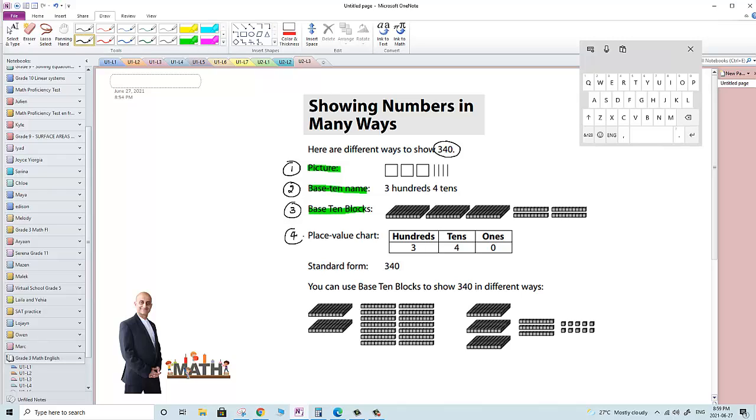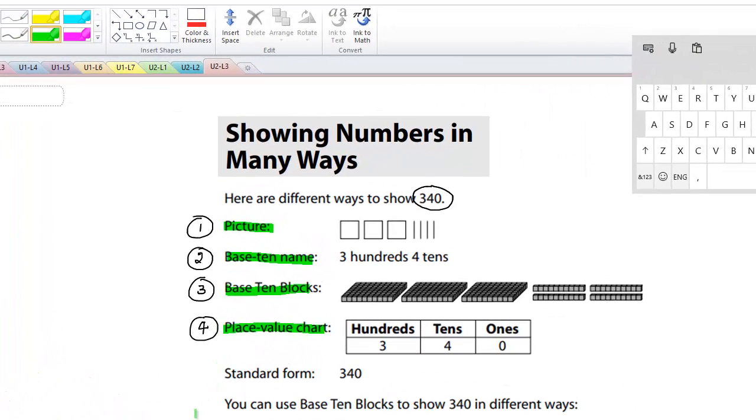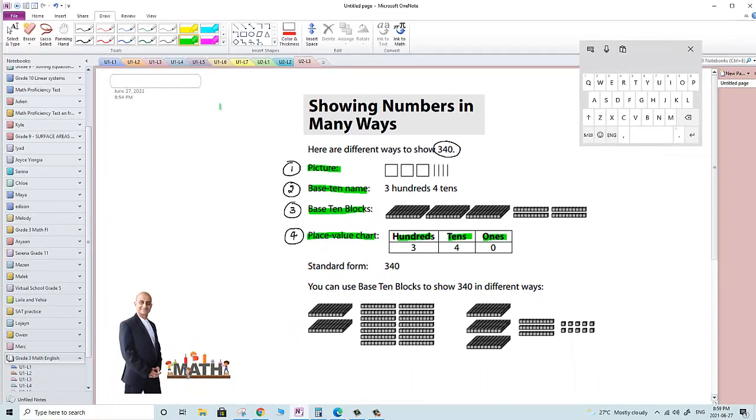Number 4, you remember our magic table. Now what is the mathematical name of it? It's place value chart. Place value chart means the ones, the tens, the hundreds, and 340 is 0 ones, 4 tens, 300.